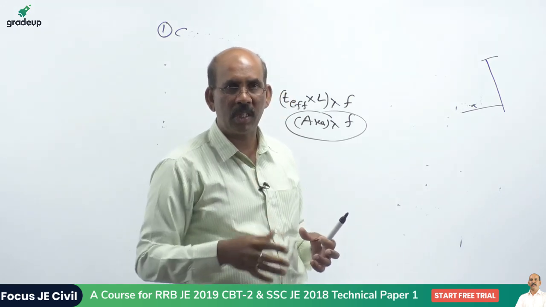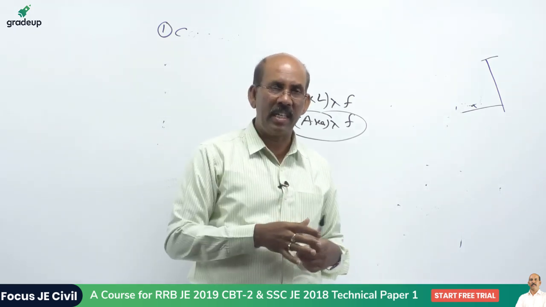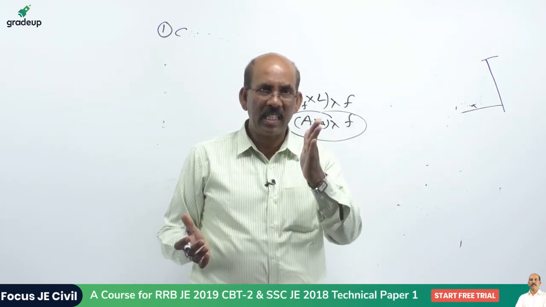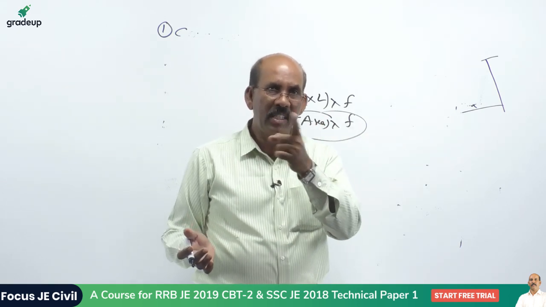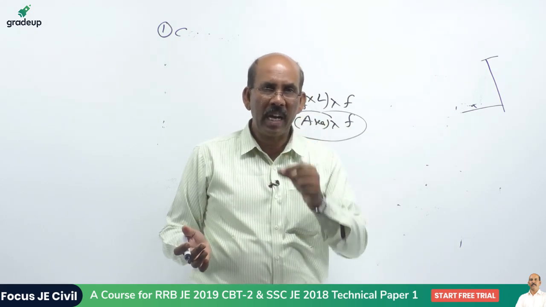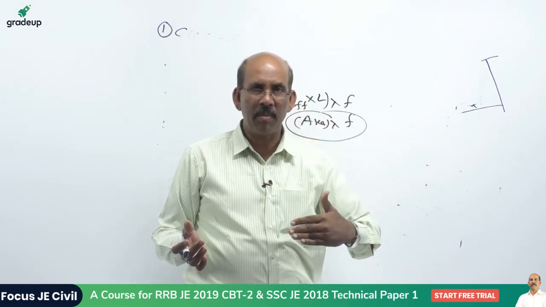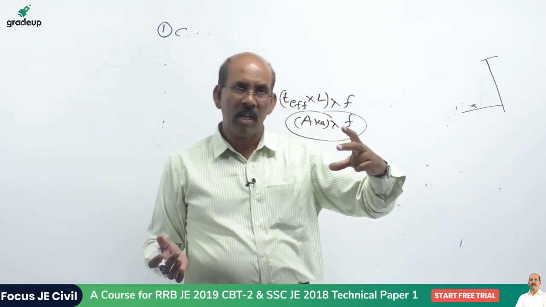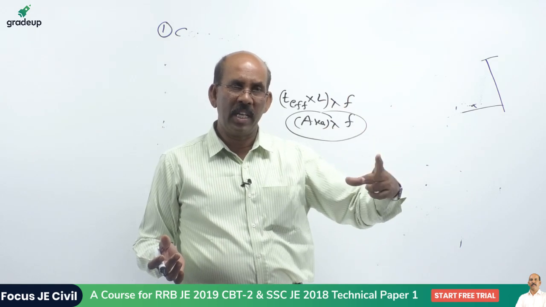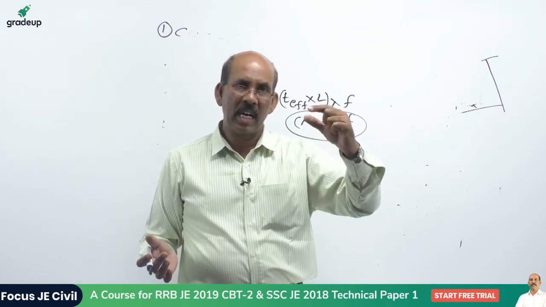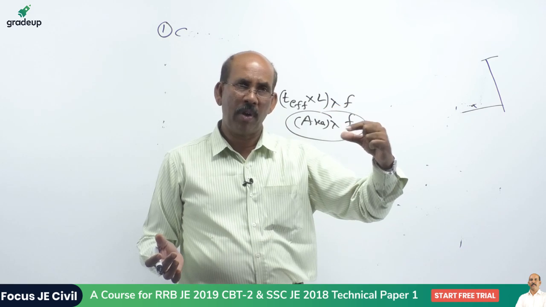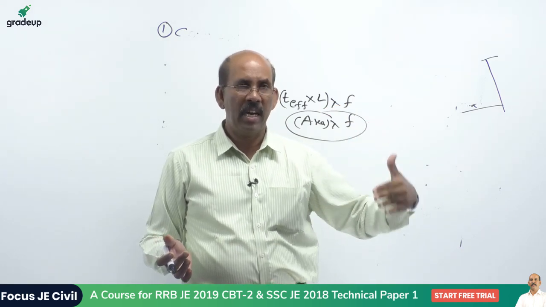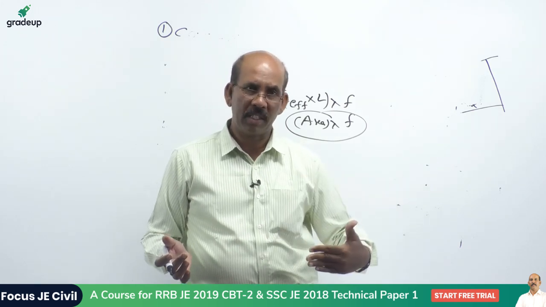How much weightage does this subject have in SSC, GATE and ESC? The SSC exam is different from GATE, and GATE is different from ESC. In the GATE examination, out of 75 marks in total, you will get at least about 4 to 5 marks maximum from steel structures and 5 to 6 marks from RCC.